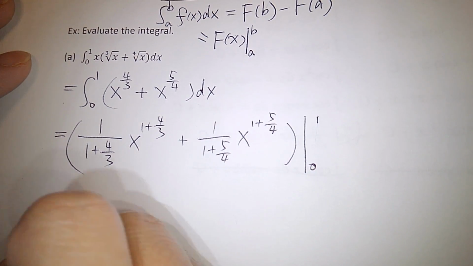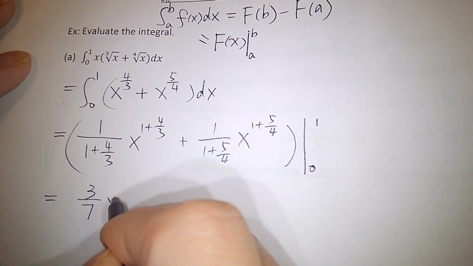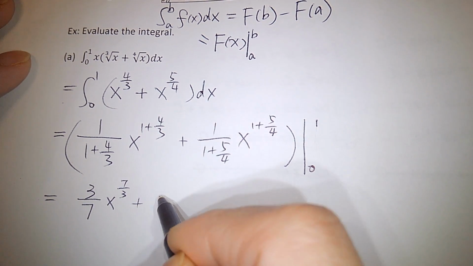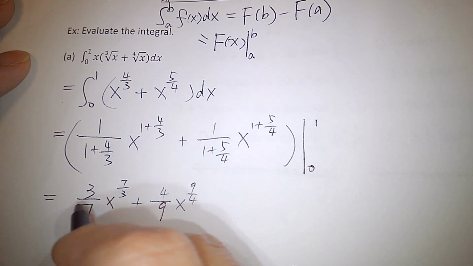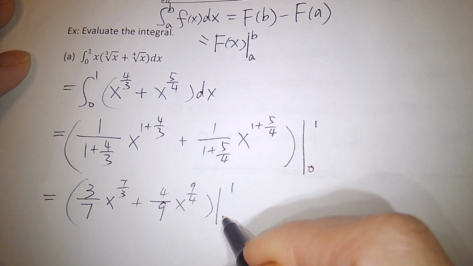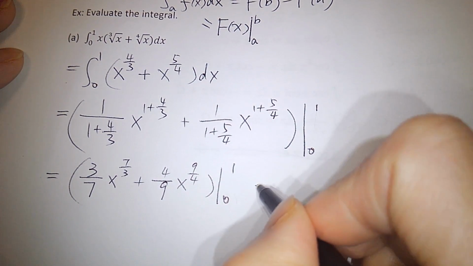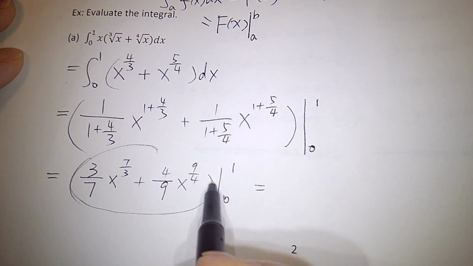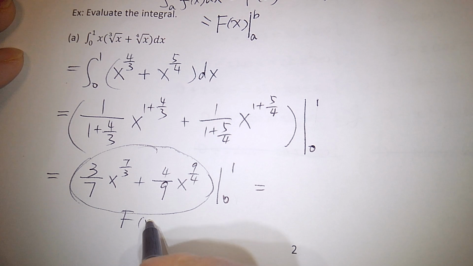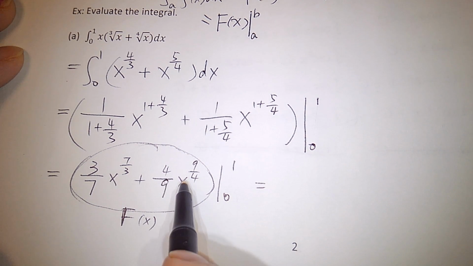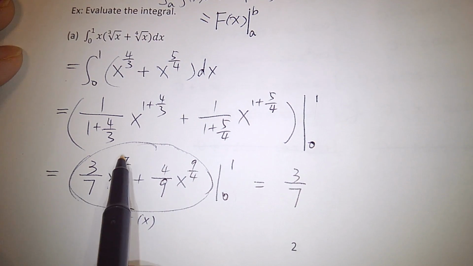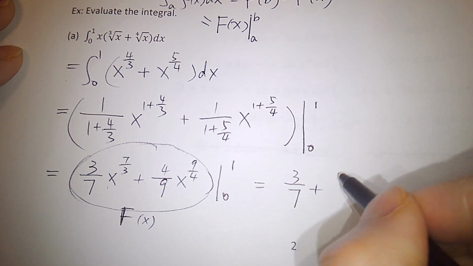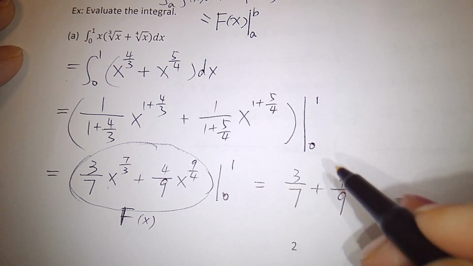Okay. And then this gives us 3/7 x to the 7/3 plus 4/9 x to the 9/4, from 0 to 1, okay? This is a capital F of x, okay? So we evaluate the capital F at 1, replace every x by 1, it gives us 3/7, 1 to the 7/3 is still 1, plus 4/9 times 1, right?